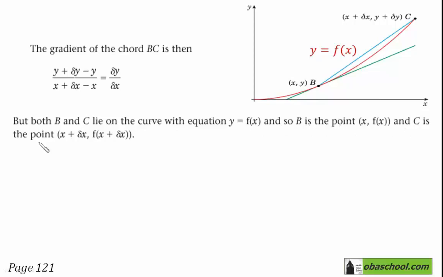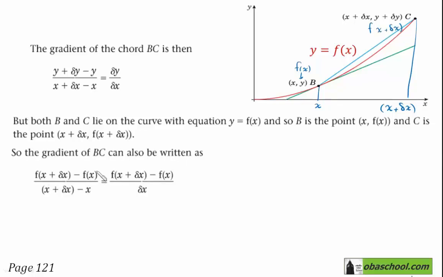Instead of writing y we are going to write f of x, and for the point C we have x plus delta x, and the point y plus delta y is going to be f of x plus delta x.